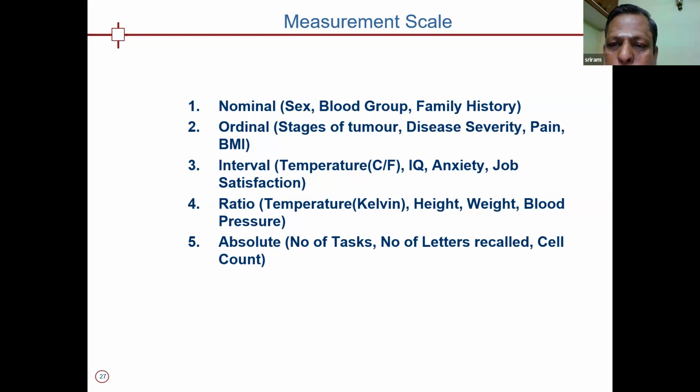Stages of tumor, disease severity, pain scale, BMI categories are still qualitative, a category. But I can say stage of tumor grade 4 is more serious than grade 3, so I can rank the category. That is called ordinal.